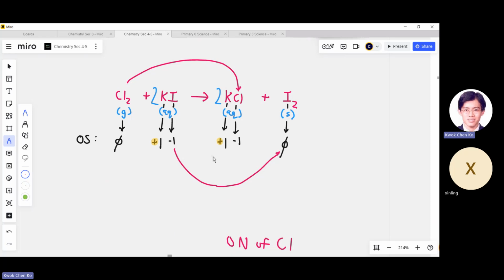It has 0. It becomes -1. I hope you see 0 becomes -1. So what has happened to the OS? 0 to -1 means it has decreased. Therefore, by definition, this is a reduction. OS decreases is a reduction.